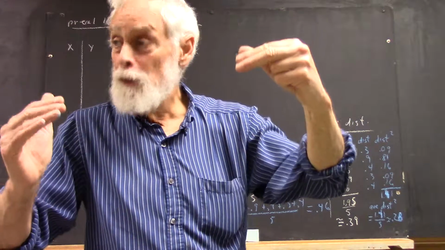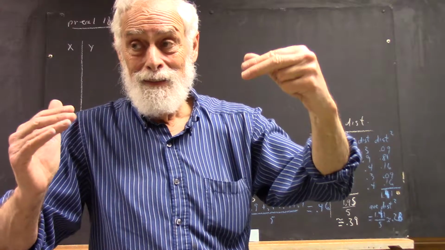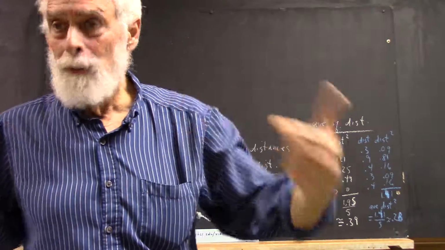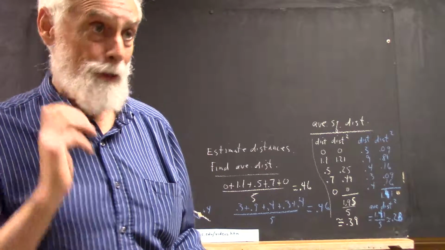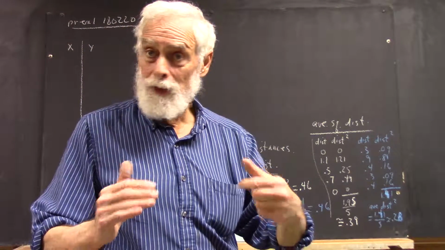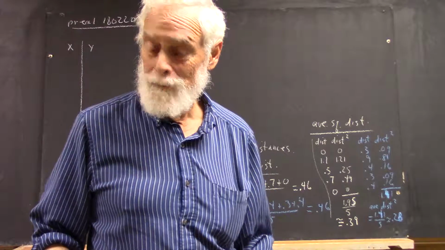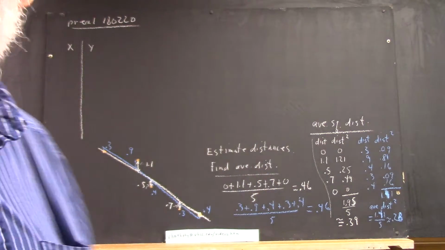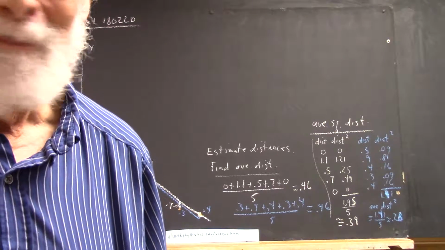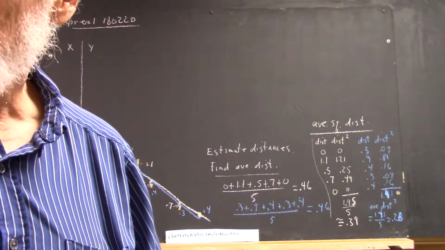But if you don't get much further from these, your square distances are going to be pretty insignificant. Okay? And the square distances to the further points are going to give you a big advantage. Okay, well, I could be more specific about that, but that's about all you want to hear. Okay? That's enough to get you started. Okay?